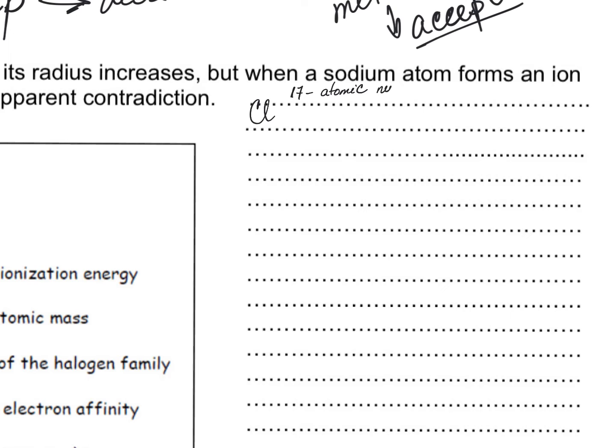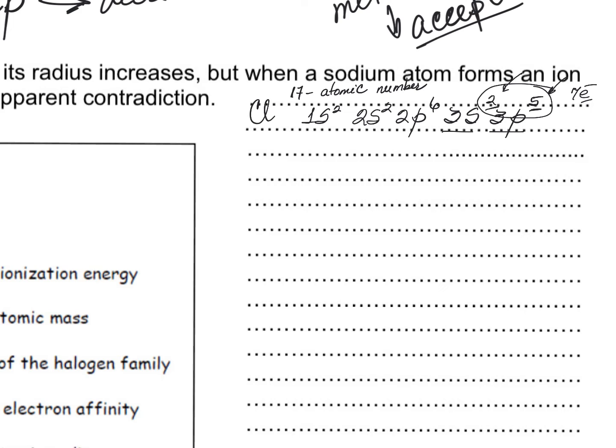Electron configuration 1s2, 2s2, 2p6. I have 10. 3s2. I have 12. 3p5. See that? Okay. In the last level of energy, you have only 7 electrons. Those are the valence electrons.